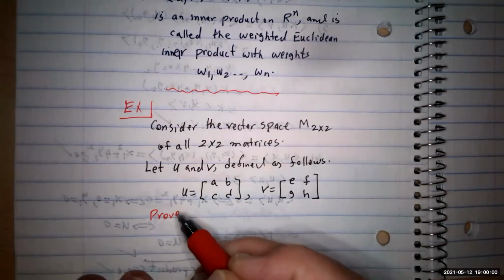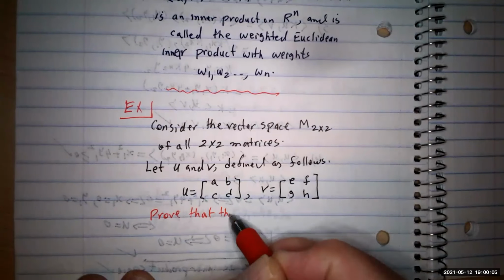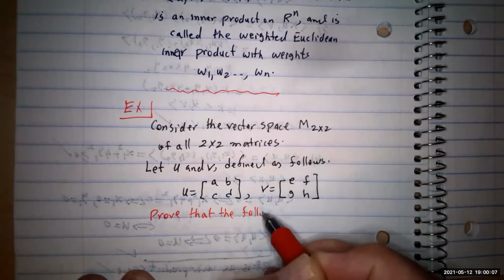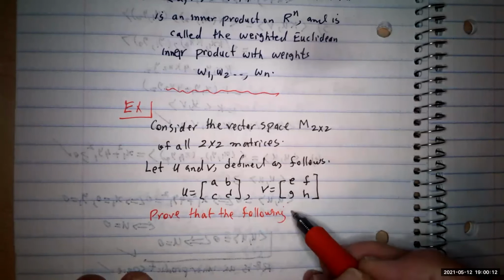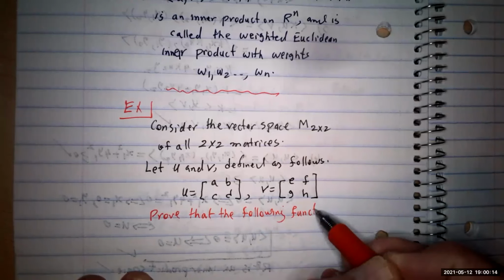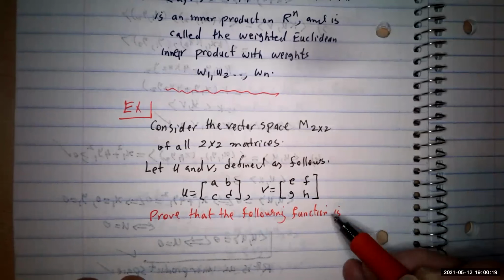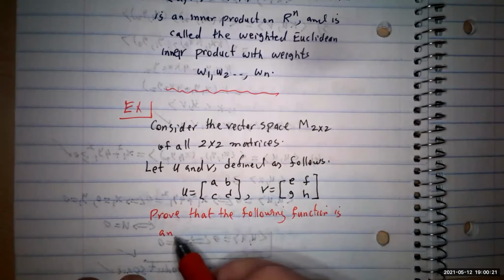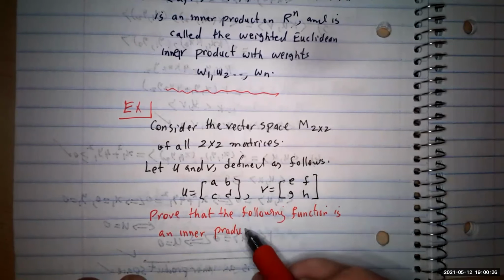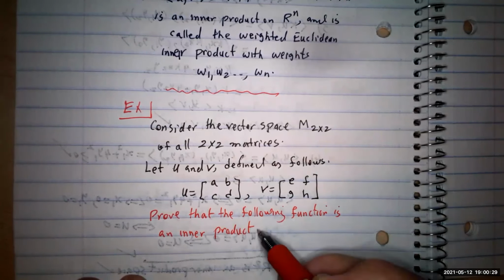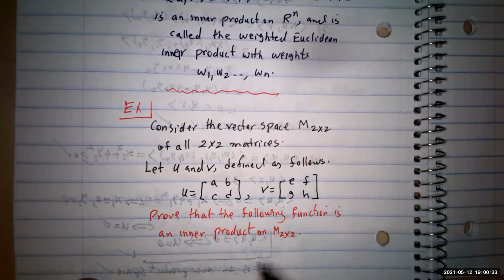We want to prove that the following function is an inner product on M 2 by 2, or just M 2,2.